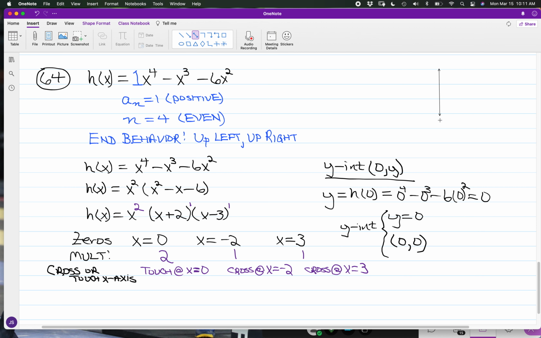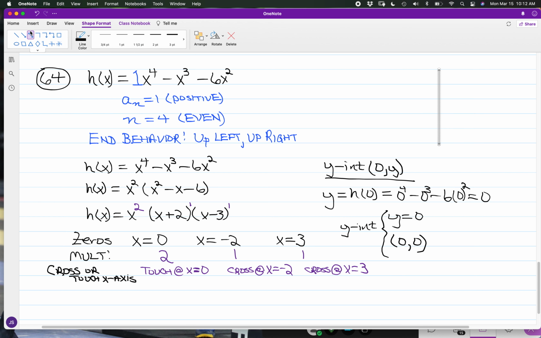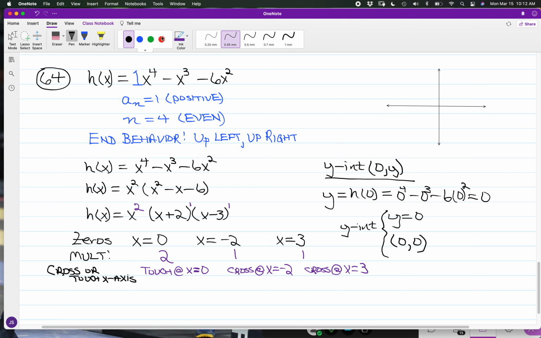Okay, so for the makeup of the graph for this function, we have 3 distinct zeros. You have at -2, at the origin 0, and also at x is equal to 3.